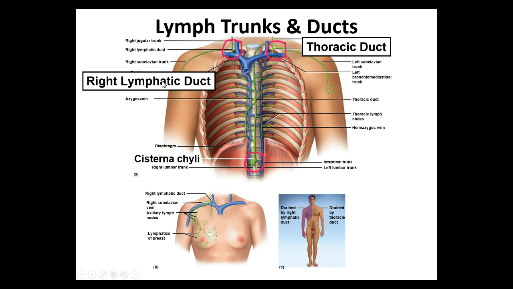They will ultimately drain into what we call the right lymphatic duct, which will then deposit the lymph in the right subclavian vein. So the thoracic duct drains all of this into the left subclavian vein, and the right lymphatic duct just drains this portion into the right subclavian vein.